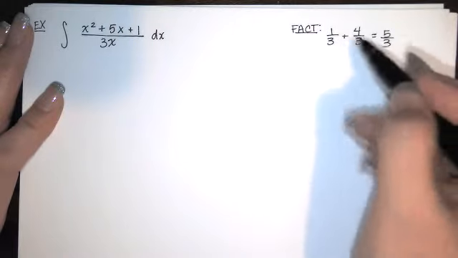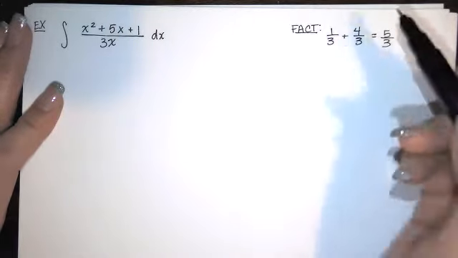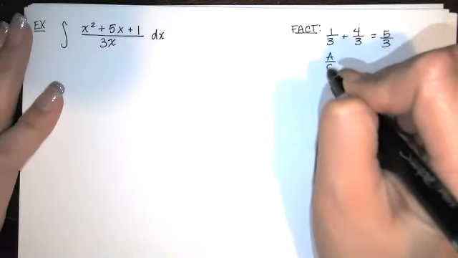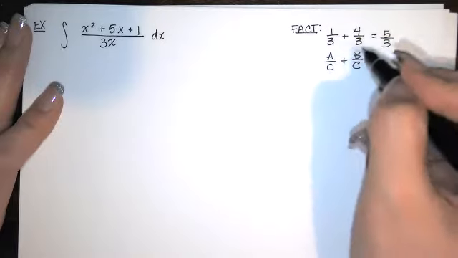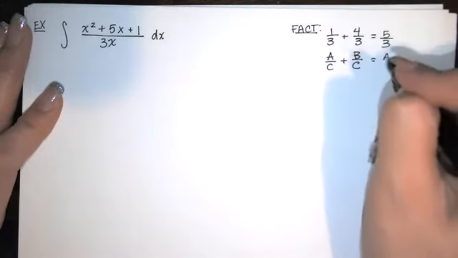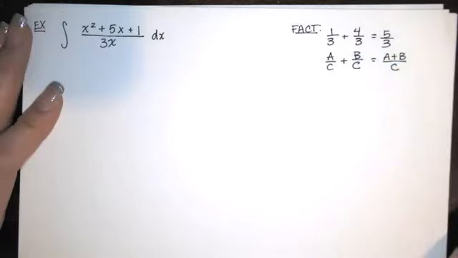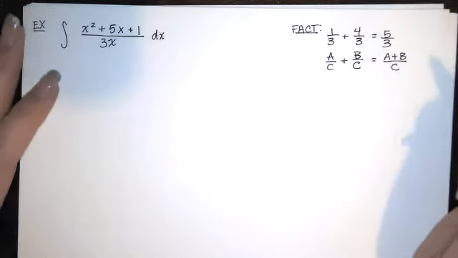The reason I can do that is because all these parts are the same size. But anyway, the idea is if the denominators are the same, these are the same size parts of a whole, I can just add the numerators together and keep the common denominator. Well, that works in reverse as well.